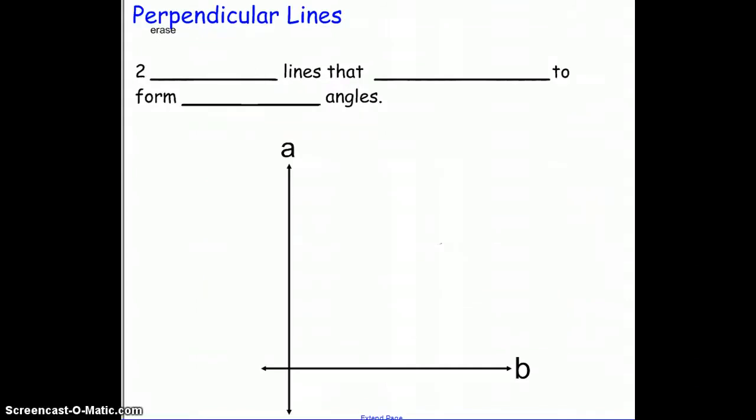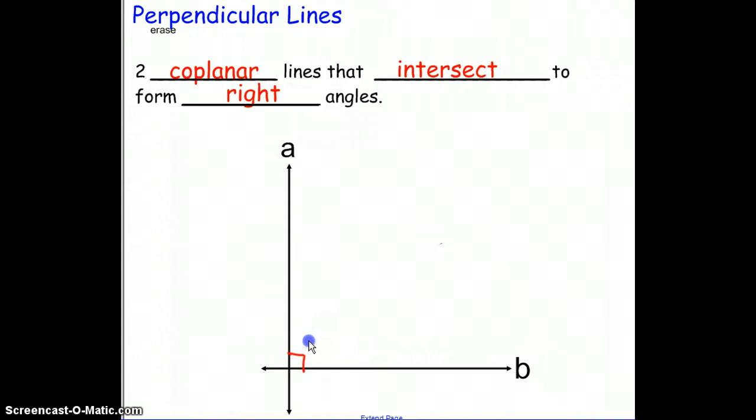Okay, the third relationship that lines can have is that they can be perpendicular. So these are coplanar again, just like parallel. So they're two coplanar lines that intersect to form right angles. So right now we have line A intersecting line B at a right angle.